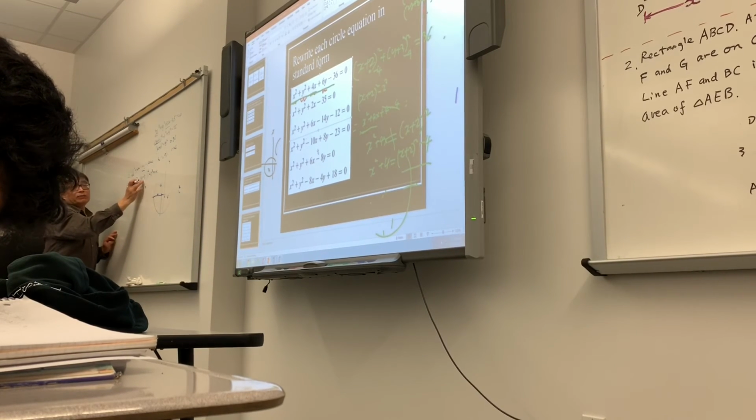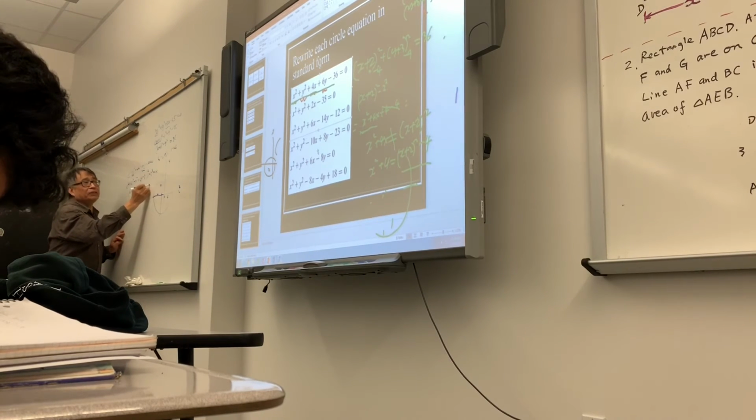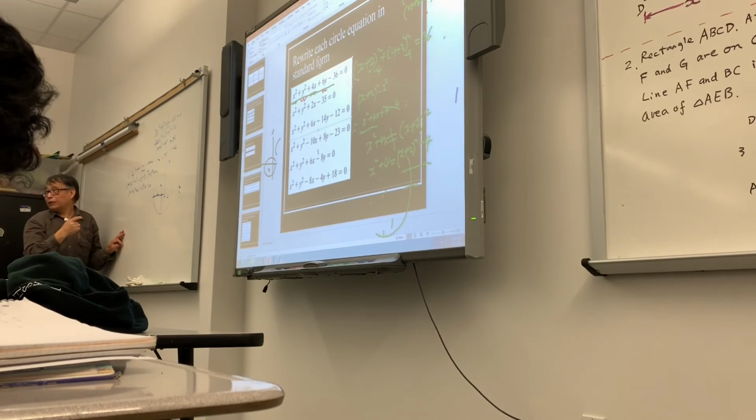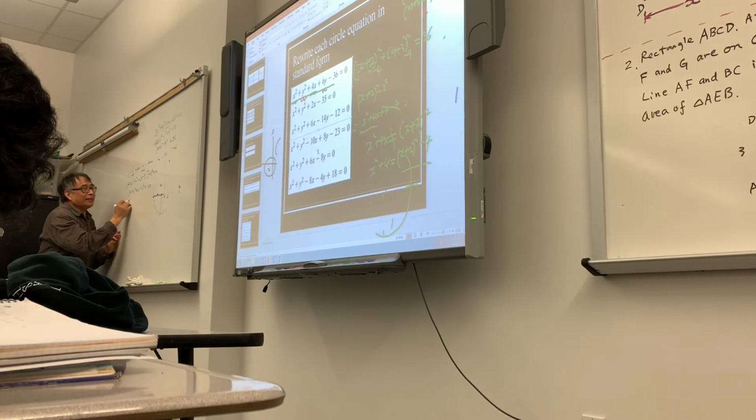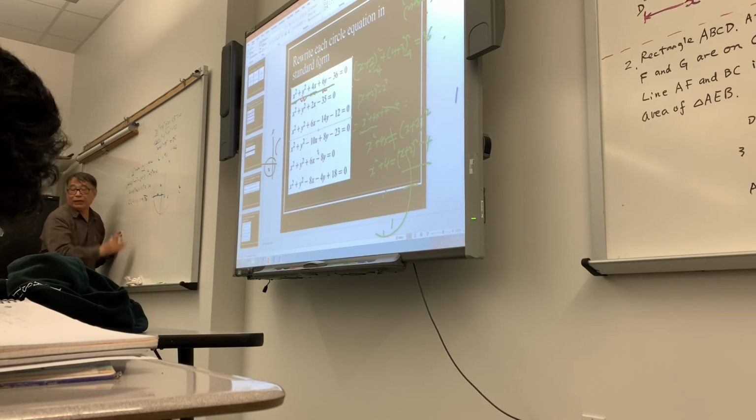Negative 9, 49 is negative 58. 58 plus 12 should be what? 70. Do you understand me, please? Yes or no? Now, the center is (-3, 7), r equals what? Square root of 70. Just leave it there.